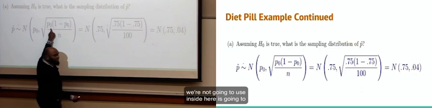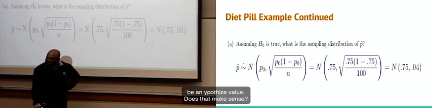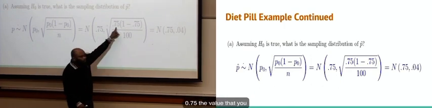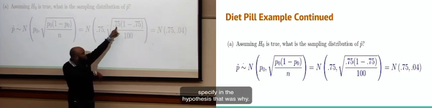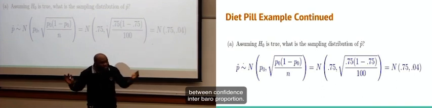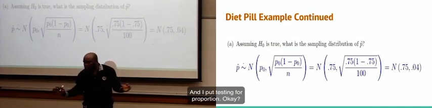Inside here is going to be a hypothesized value. Does that make sense? And what is a hypothesized value? 0.75, the value that you specify in the hypothesis. So there's a difference between confidence interval for proportion and hypothesis testing for proportion.